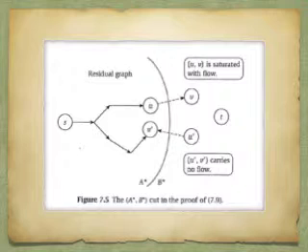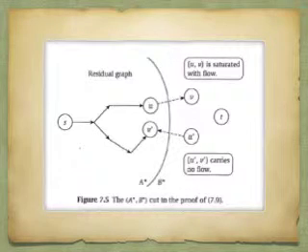Now suppose that e' = (u', v') is an edge in G for which u' is in B* and v' is in A*. We claim that f(e') is equal to 0. For if not, e' would give rise to a backward edge e'' = (v', u') in the residual graph G_f, and since v' is in A*, there is an s-v' path in G_f. Appending e'' to this path, we would obtain an s-u' path in G_f, contradicting our assumption that u' is in B*.